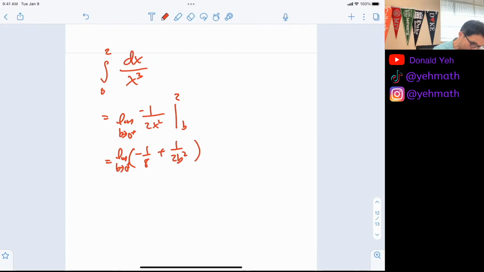That's why you cannot just plug in 0. If you plug in 0 here, it's going to be undefined. But in this case, approaching 0 from the positive side, you'll be approaching infinity. So it'll be negative 1 over 8 plus infinity. So therefore it's infinity. So therefore this diverges.